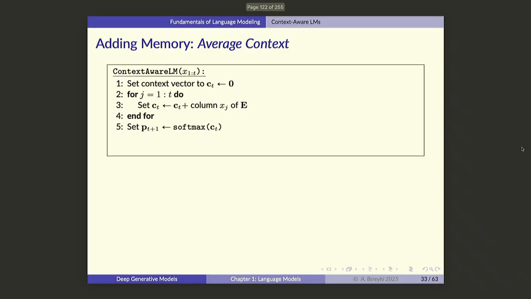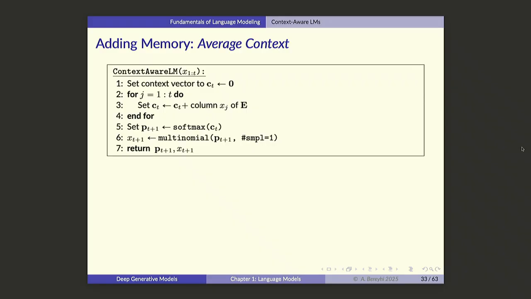Then you pass that context through the softmax to compute the probability. And then if you want to generate the next token, you simply sample from that output, right? That output is giving you the probability of the next token, given this context-aware model, and then you sample from that distribution.